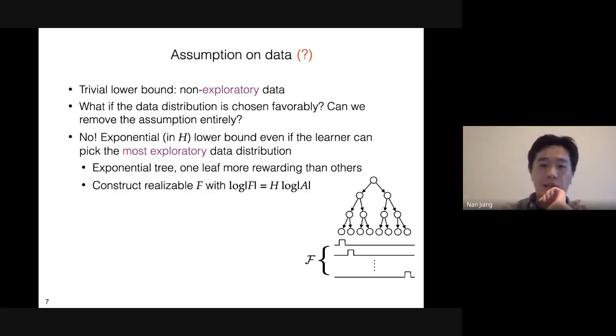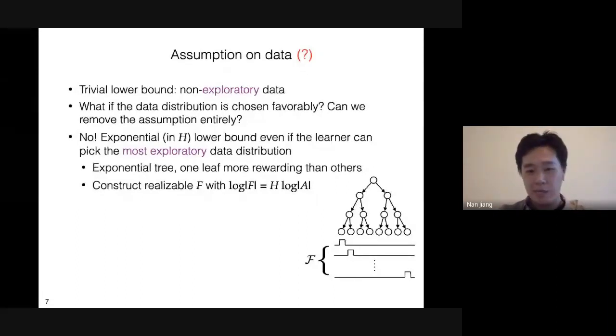We also want to make sure that you can construct a realizable f such that the logarithmic size of f does not explain away the exponential. In this case, it's easy because there are just A to the H total problem instances in this problem family, and you just take each problem, take its Q star, and collect all these functions into a bag, and that is your f.